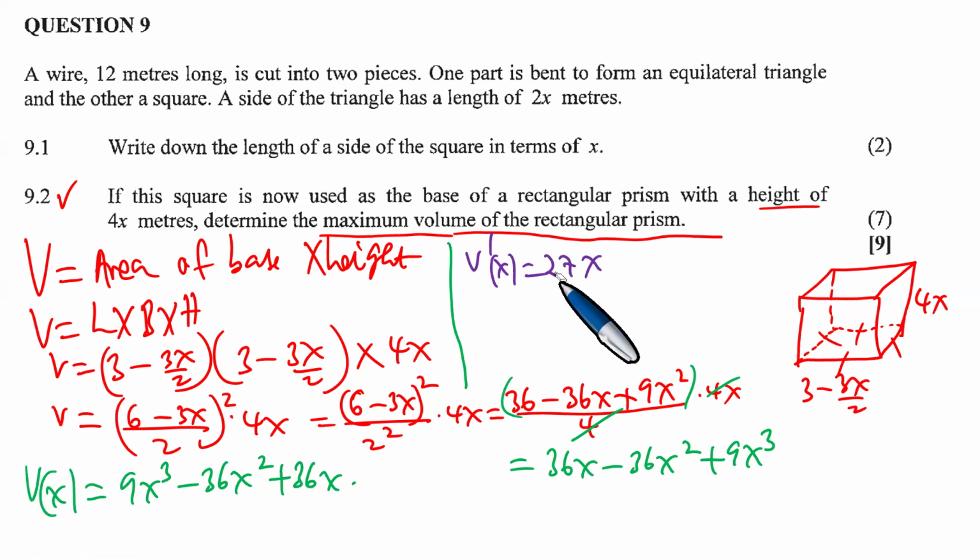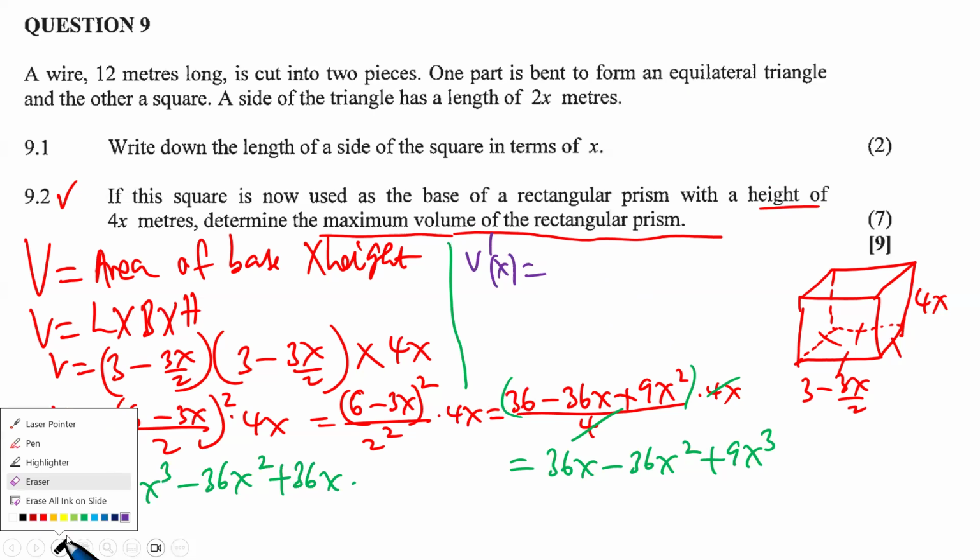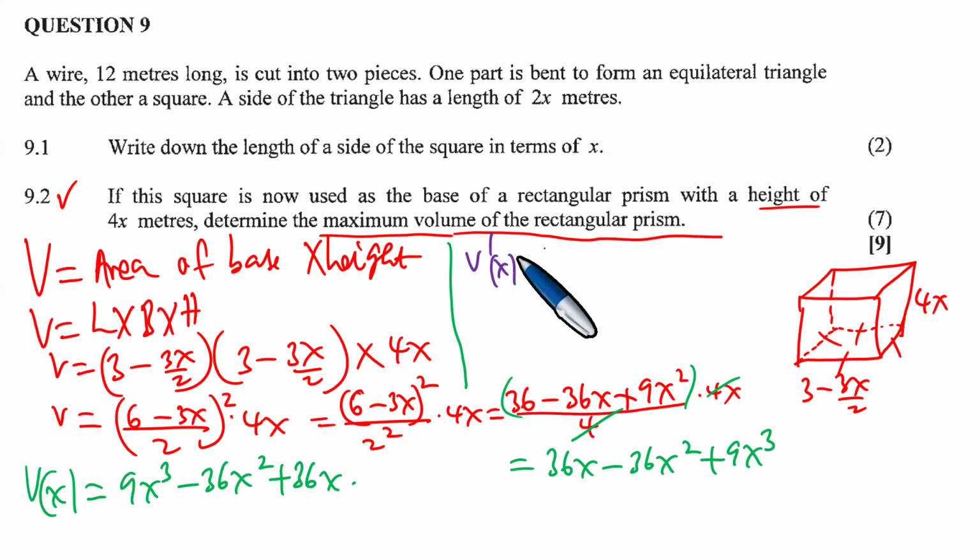So it's going to be exactly 27x squared minus, 36 times 2 is 72x, plus 36.